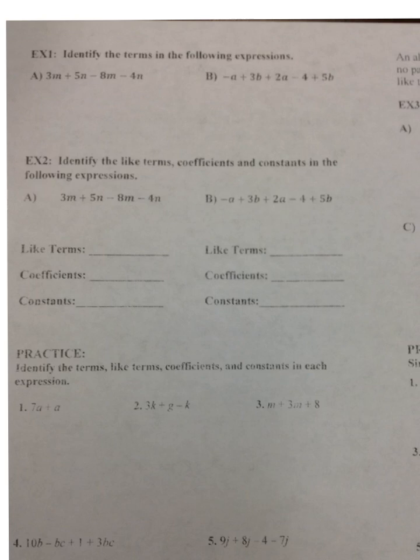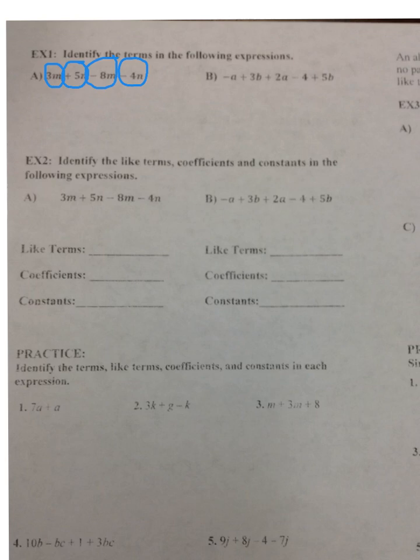The term is whatever the number and variable or the constant is, and the sign in front of it. So this one has a positive 3m, a positive 5n, a negative 8m, and a negative 4n. We're going to start to use negative and subtraction interchangeably because they mean the same thing. And same with addition and positive, or plus and positive. They mean the same thing.